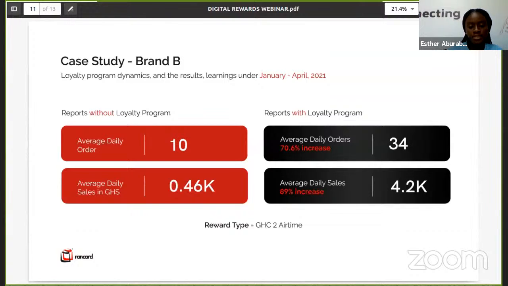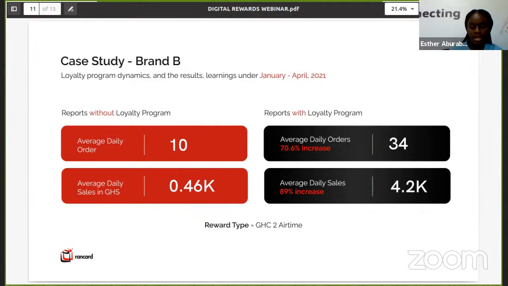So the short and long of the loyalty program is that it's evident that no matter how much you are doing now, with the loyalty program, it will significantly boost your sales to about a 70 to 80% increase, which is a huge increase for any kind of brand.